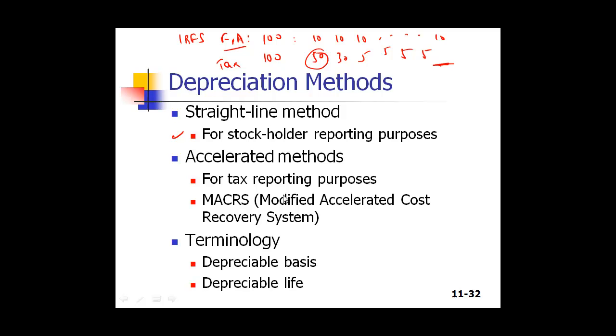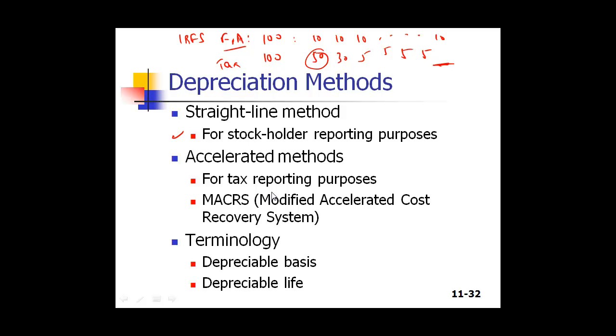And do you understand the fact that a tax authority of a country can allow accelerated depreciation even though, let's say, a different method is used by the financial standards? Are you understanding this point?